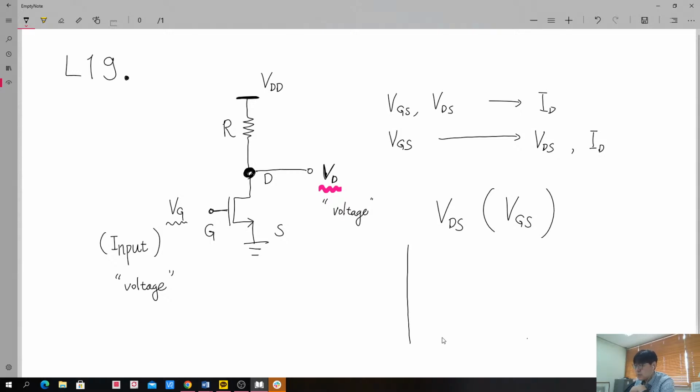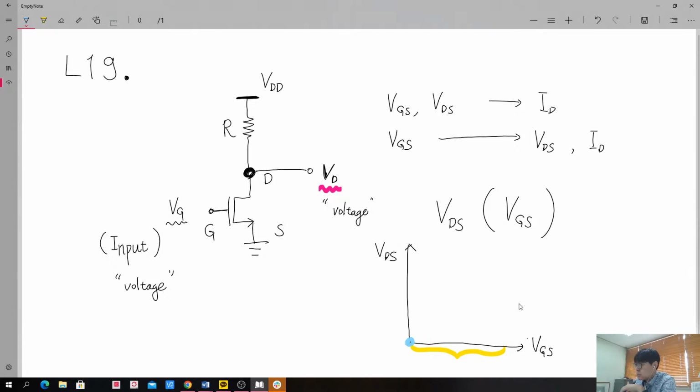So we will eventually have this form of VDS and VGS, and we will draw this graph. Then what will be the range of our input? Input can vary from 0. And what will be the maximum value we can apply to this gate terminal?